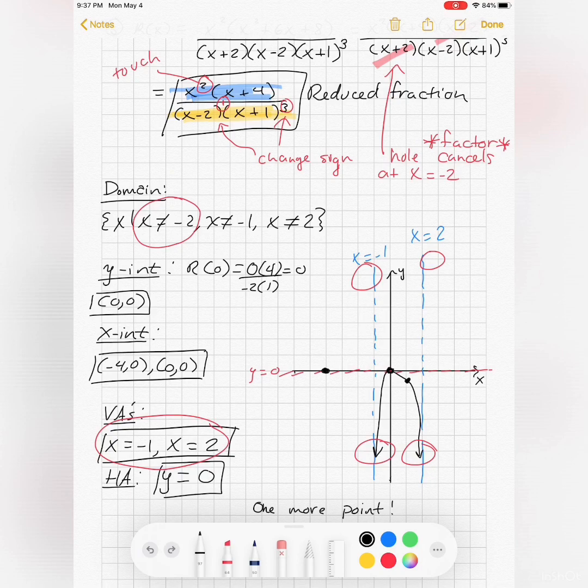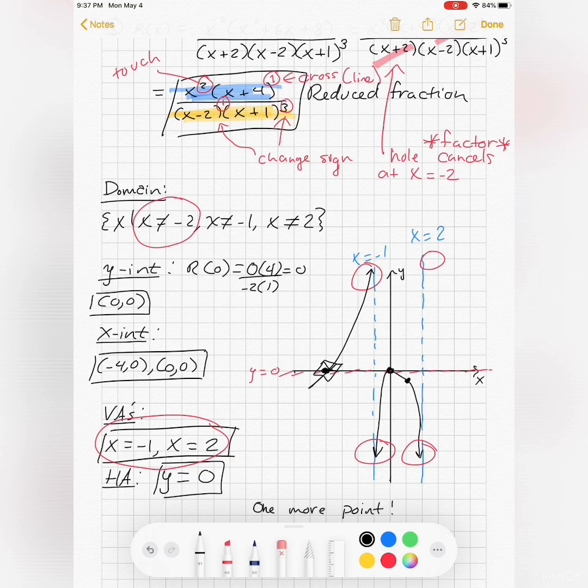I'm trying to draw that a little bit nicer. Okay, what happens at -4? Well, multiplicity is 1. Crosses. Looks like a line. Okay, so if I was to zoom in really close here, I would see a line.